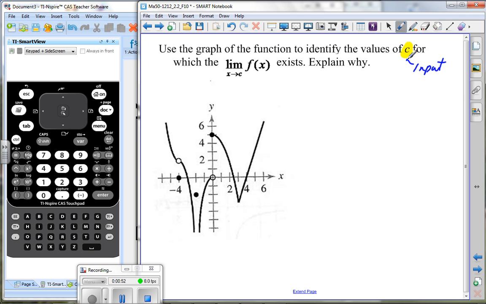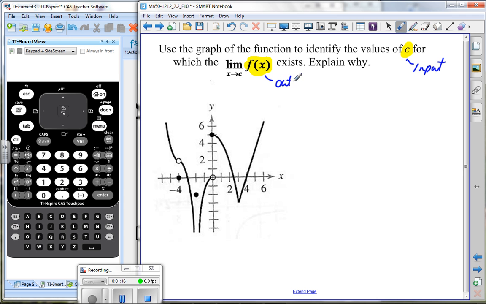So identify the values of C for which the limit, as x approaches C, of f of x exists. Now, when we talk about this notation, this is your review from last week. This is representing what part of the function? The output values.